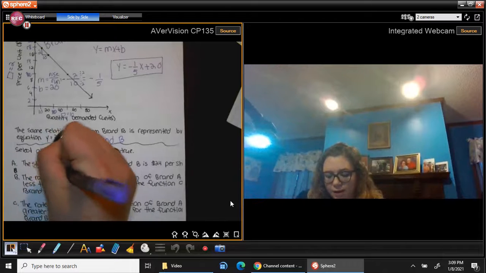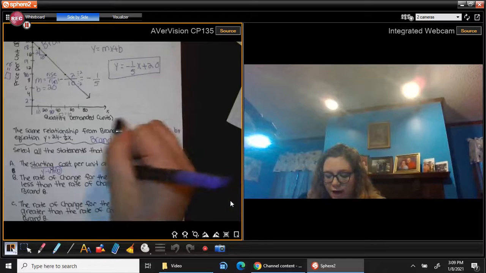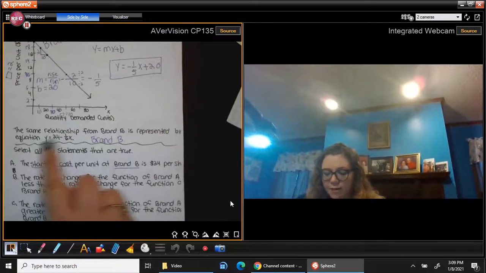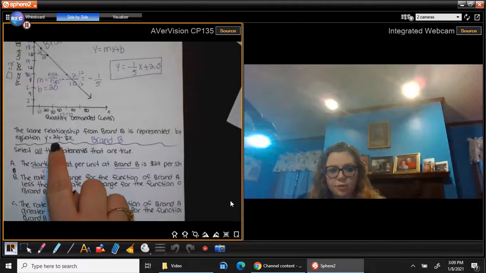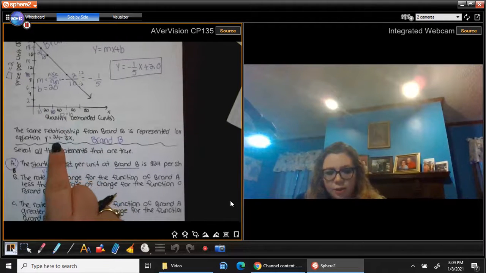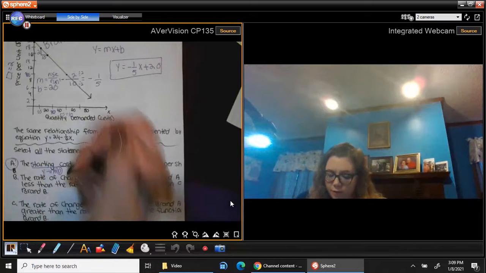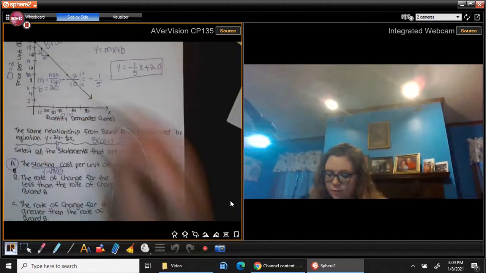Y-intercept. So I'm going to look at my y-intercept for brand B. For brand B, my y-intercept is 24, so that is true. They try to trick you up on here, but remember the number beside the x is going to be your slope, and then your constant is always going to be your y-intercept. So this is your b.